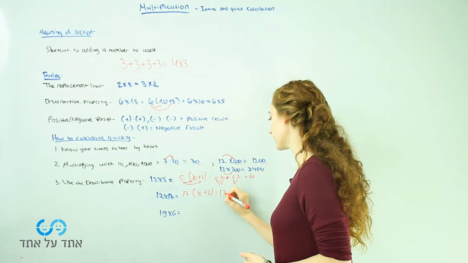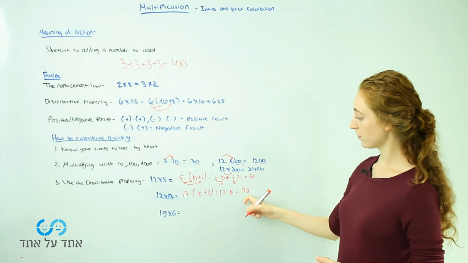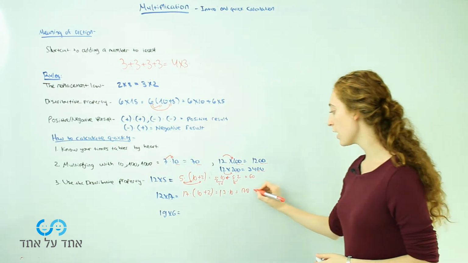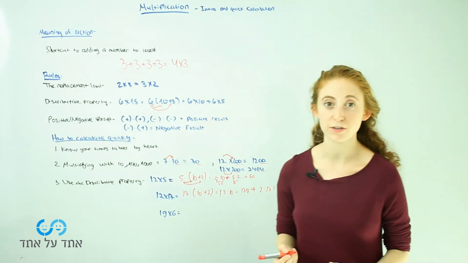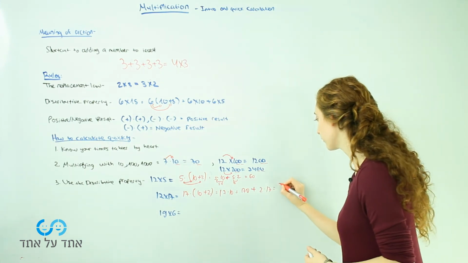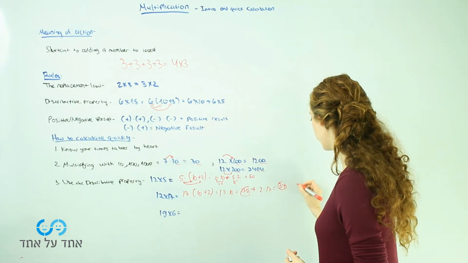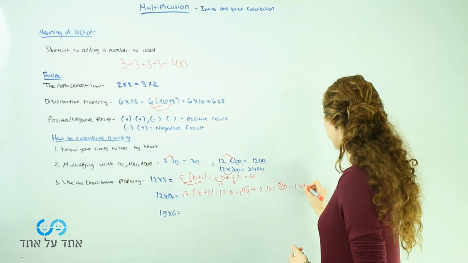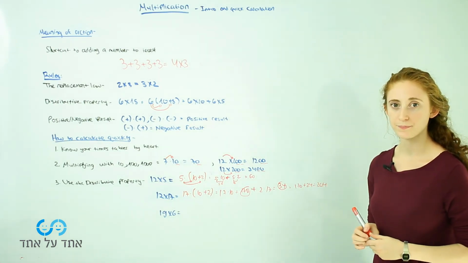So 17 times 10 equals 170, plus 2 times 17. 2 times 17 is a lot easier to do, right? We can know that this is 34. So now I have 170 plus 34, making my end result 204.